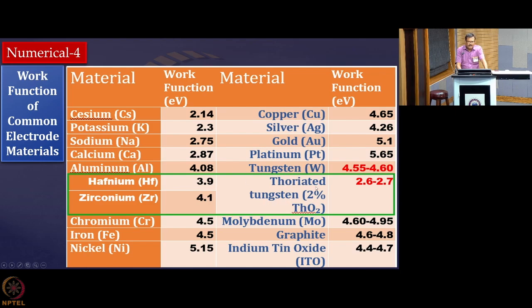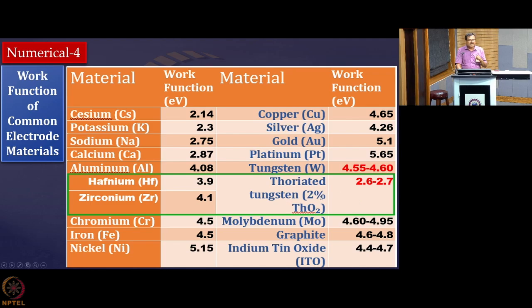Now when you thoriate it, like 2% thoriated tungsten, which is a common commercial electrode material, the work function reduces to 2.6 to 2.7 electron volt. Now you see that it is very much comparable with the very low work function materials, but just by putting an impurity of 2% thorium oxide, you are able to bring down the work function to 2.6 to 2.7 electron volt, while at the same time retaining all the thermal and mechanical properties.